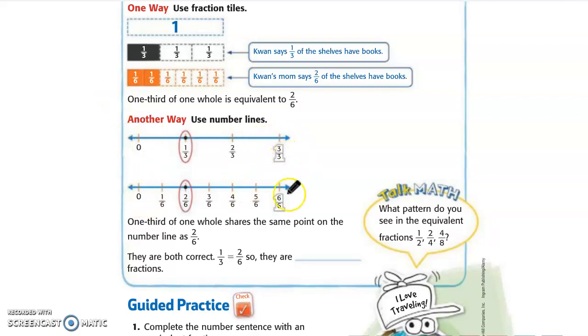Our 1 whole is right here. 1 whole because I had 3 pieces out of 3. I had 6 pieces out of 6. This is 1 whole. So these are both the same size or length for the line. Right here, 1/3 and 2/6 line up with each other, so they are equivalent. By looking right here, I can see that 2/3 and 4/6 are equivalent as well.